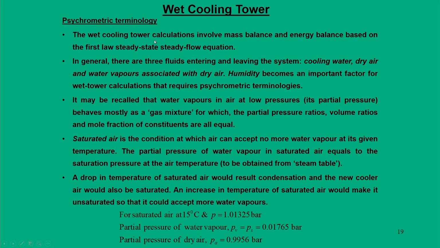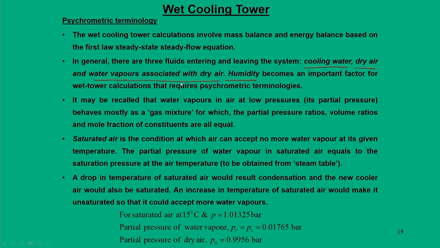Essentially, the wet cooling tower calculations involve mass and energy balance based on steady flow and steady state equations. And there are three fluids involved here. One is cooling water, second is dry air, and third is water vapor, which is associated with this dry air. In addition to this, there is also the term humidity, which plays a very important role.